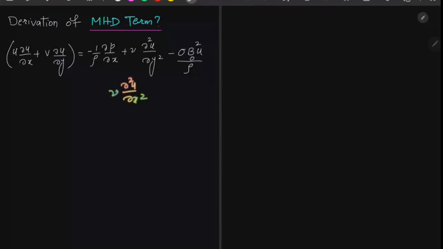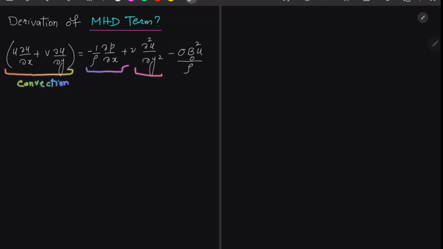In this equation we have to derive this term, which is the MHD term. On the left hand side we see the convection. On the right hand side, we have the pressure gradient.